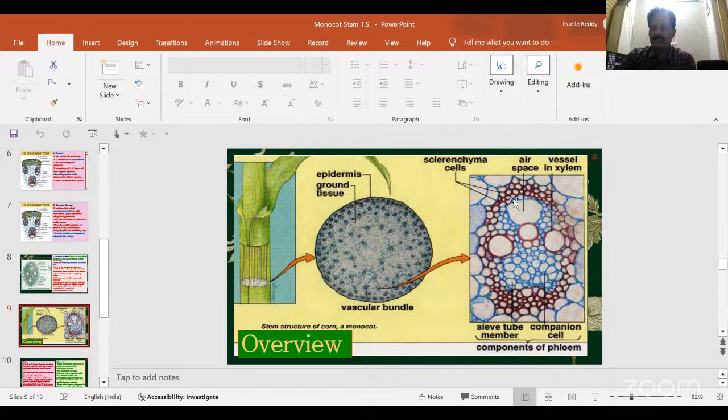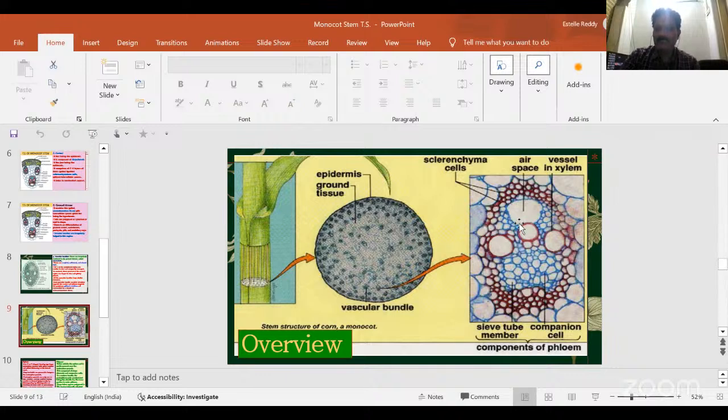That's why it is also called protoxylem lacunae. Lacunae means empty space. So this is called protoxylem lacunae, lysigenous cavity, or air space.